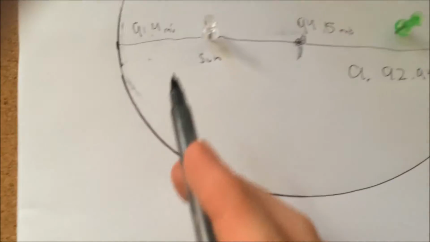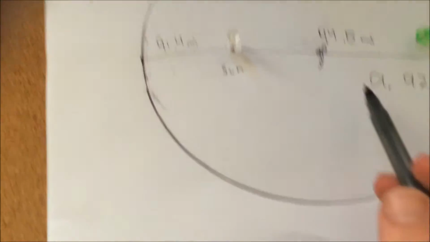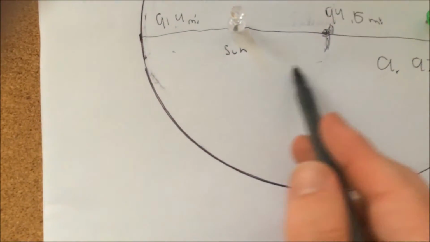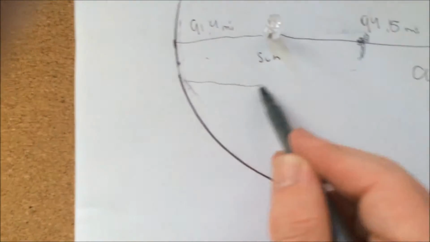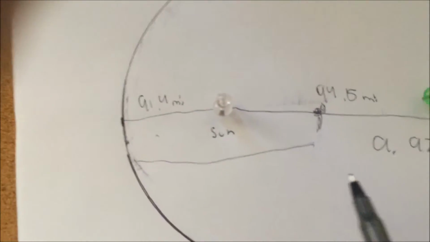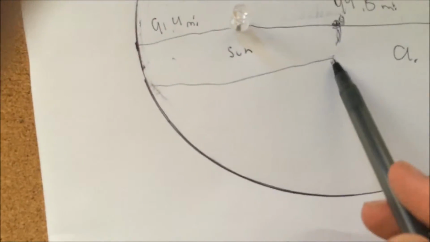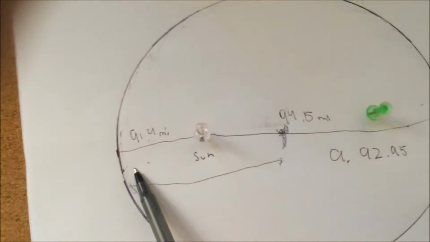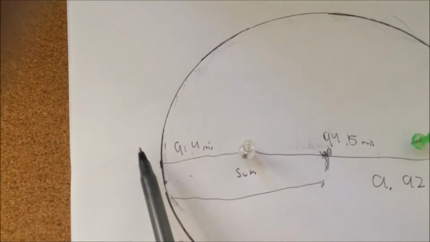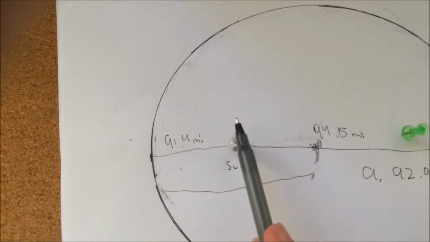Secondly, we subtract our perihelion from our semi-major axis, 92.95, to find our C value. This is because our A value is the distance from the center to the outside. Our perihelion is the distance from the outside to the first focus.